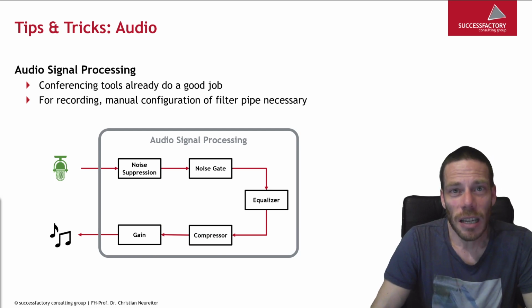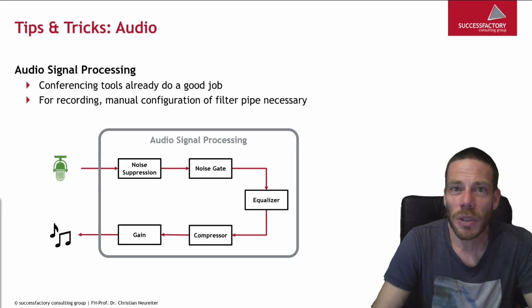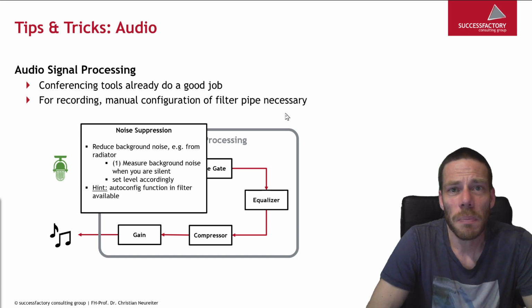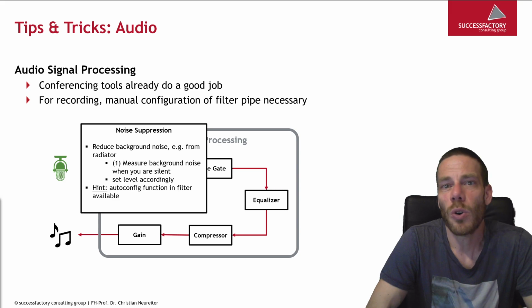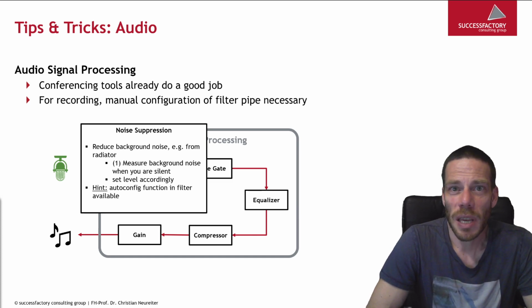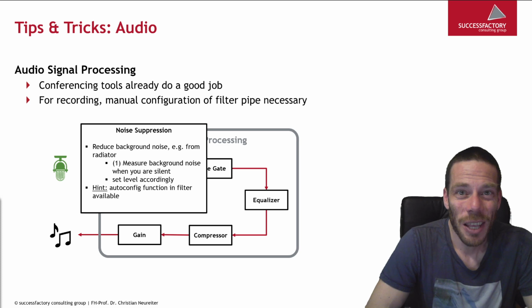First of all, let's take a closer look at what these filters are doing in detail. So the first one of these filters, the noise suppression, basically tries, as the name says, to suppress all the background noise in your recording place. Like for example, some noise from your computer, maybe you have a heating system running in the background like I do at the moment.